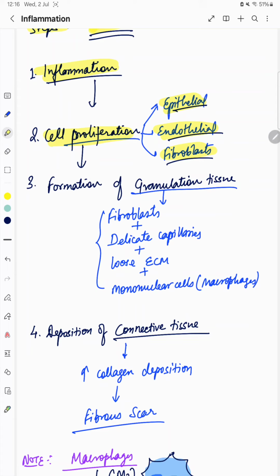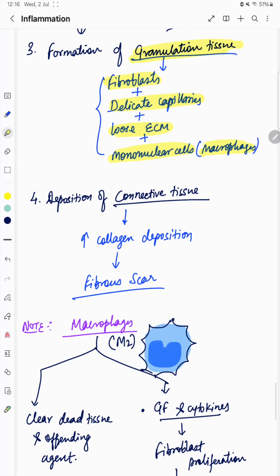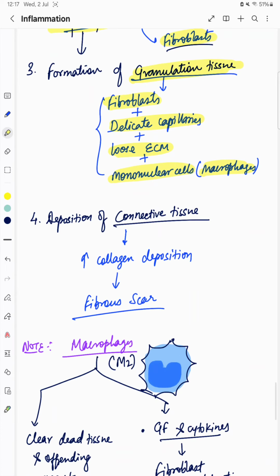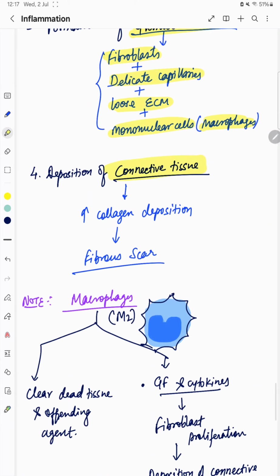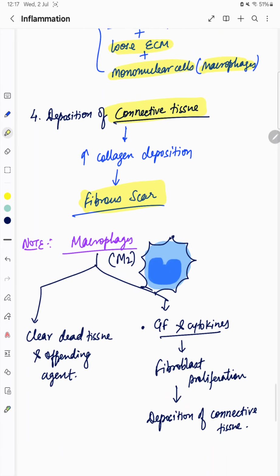After the cell proliferation, there will be formation of granulation tissue. Granulation tissue is composed of fibroblasts, delicate capillaries, loose extracellular matrix, and mononuclear cells, mainly macrophages. The next step of scar formation after granulation tissue formation is deposition of connective tissue on this granulation tissue, and this will result in fibrous scar formation.